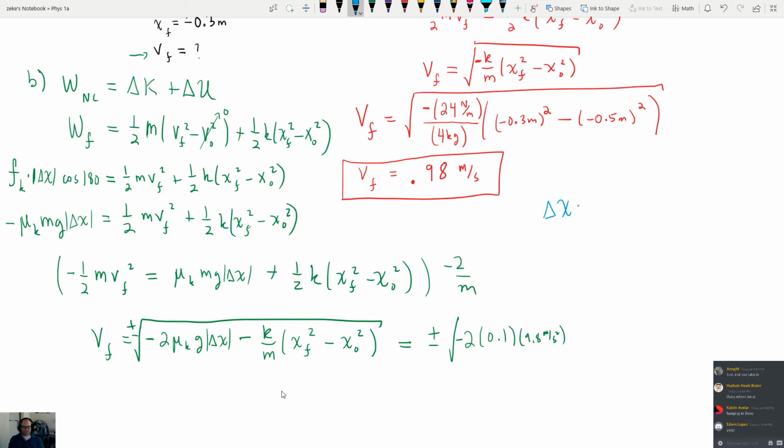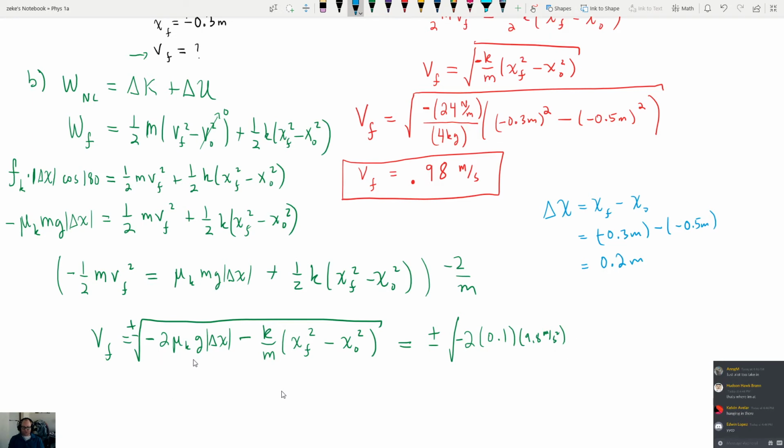Delta x is basically equal to x final minus x initial. So for us, x final was negative 0.3 meters minus x initial, which was negative 0.5 meters. Look at all these negative signs. But then negative makes it positive. I think you get delta x is equal to 0.2 meters.